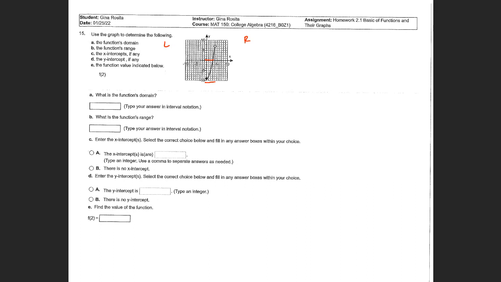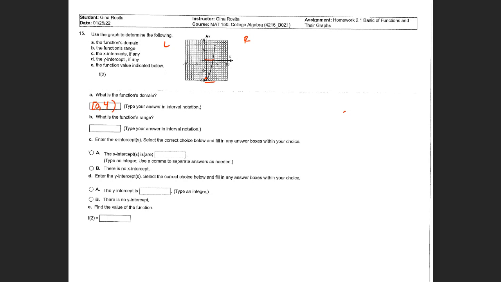The first one is a dark circle, so it means the answer starts from 0 with a bracket, because it's closed. On the top it is open, to 4, because open is a parenthesis.